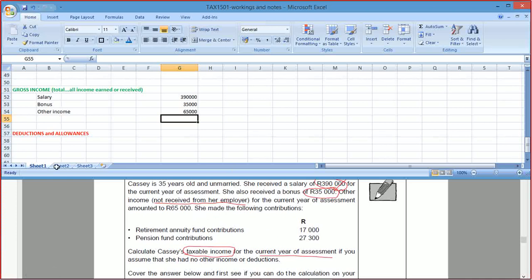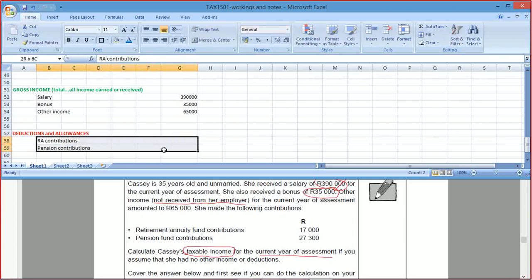Okay, what else do we read in the question? Retirement annuity fund contributions. Okay, so here at the bottom, deductions, I'm going to have RA contributions and pension fund contributions. Okay, we know that these two need to be calculated separately in terms of what we can or can't claim as a deduction.